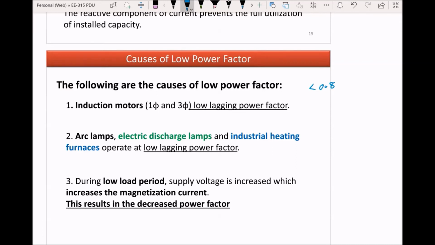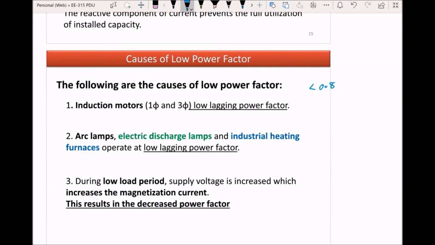If we go much deeper and want to know the causes of low power factor, the following could be the reasons. The first one, which we have already discussed many times, is that the majority of loads in industry and households contain AC motors, which are inductive in nature, and produce a phase shift between the voltage and current and result in lagging power factor.